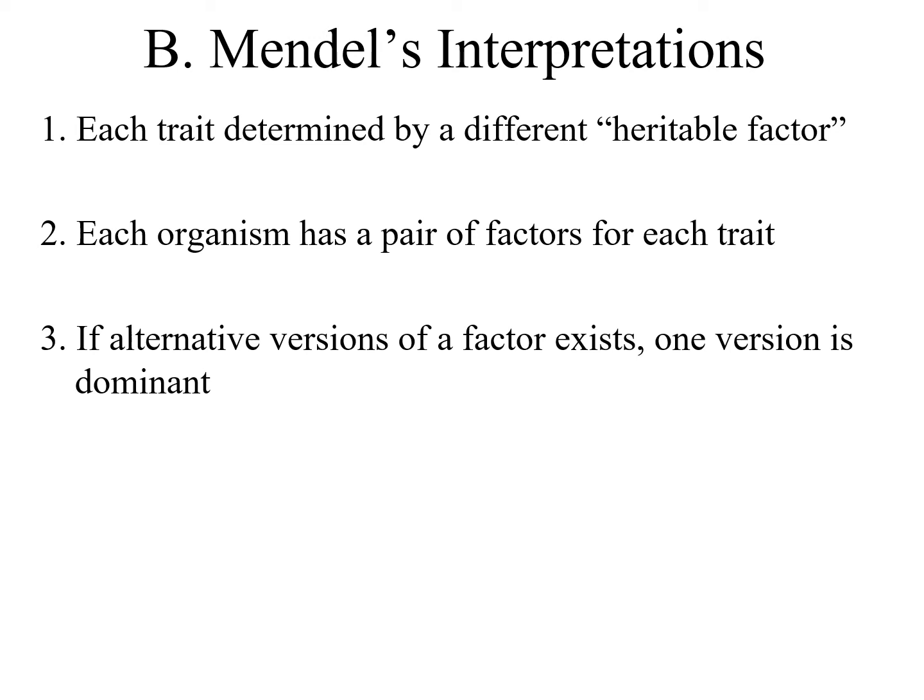So we use the phrase dominant and recessive to refer to the alternate versions of a gene. Today we use the word allele to talk about the alternate versions of a gene. We have a dominant allele and a recessive allele.